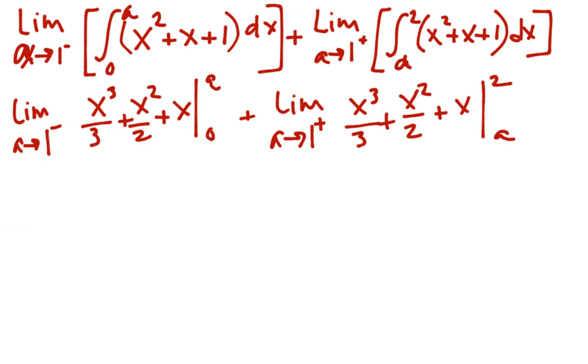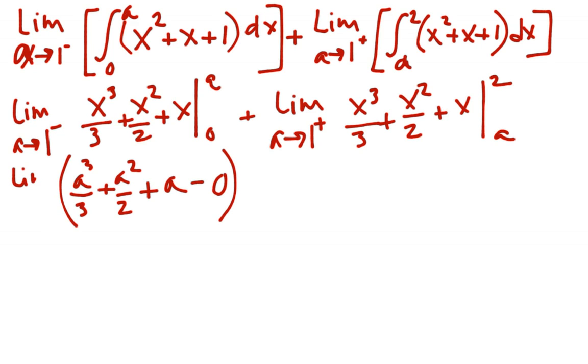So let's now go to that next step and plug in a cubed over 3 plus a squared over 2 plus a, and then everything else turns to 0, right?